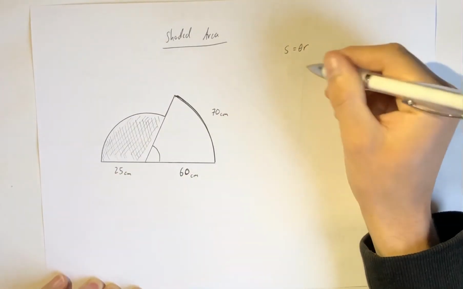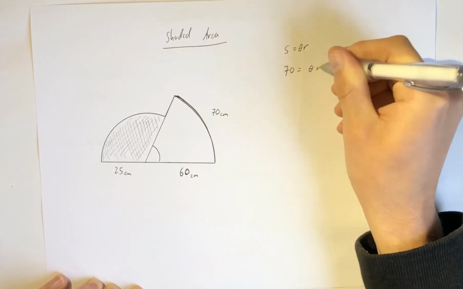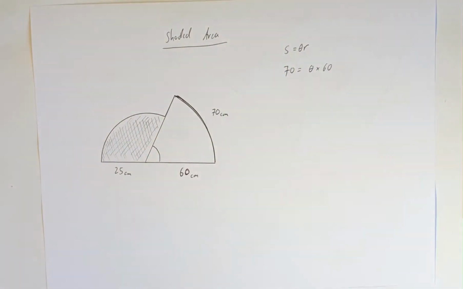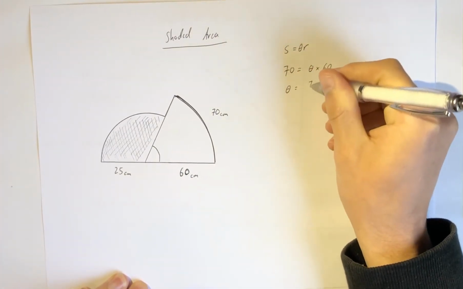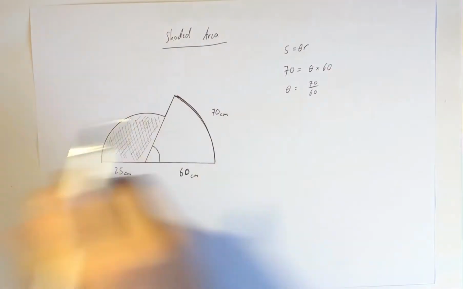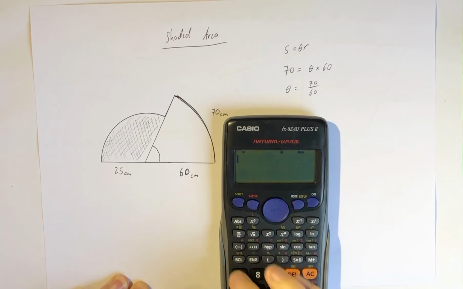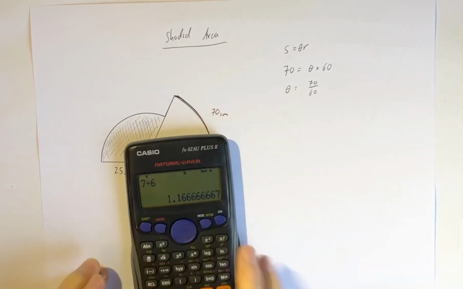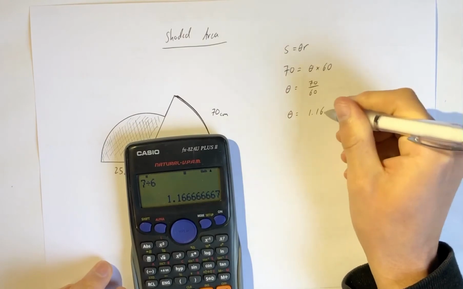So 70 is equal to theta times 60. If we rearrange that, we get theta is equal to 70 over 60, so 7 over 6 if we simplified that. 7 divided by 6, in radians, is 1.16 recurring.